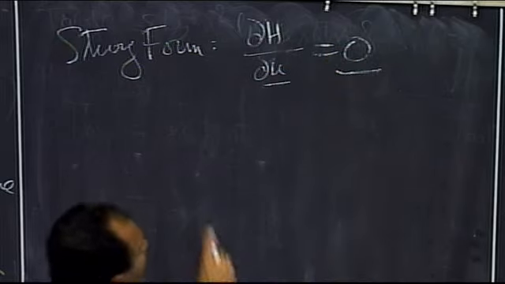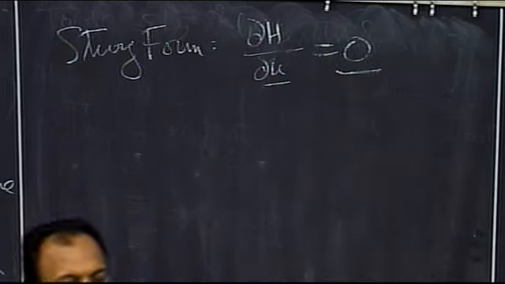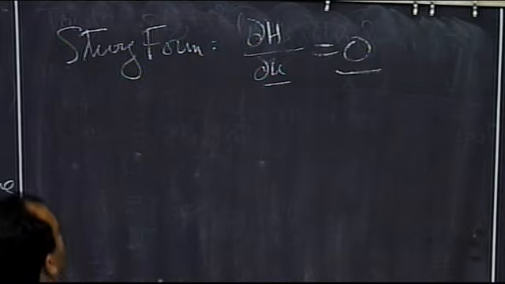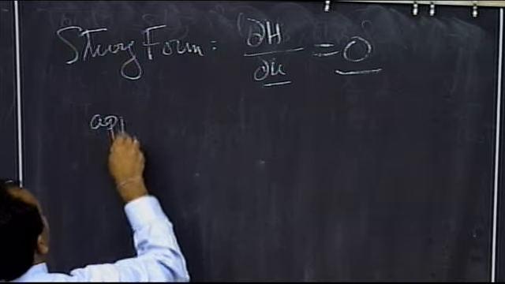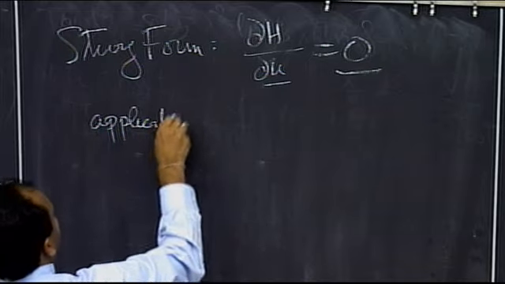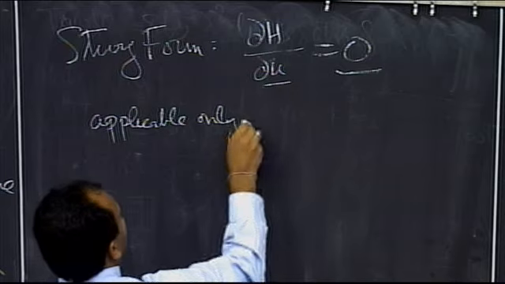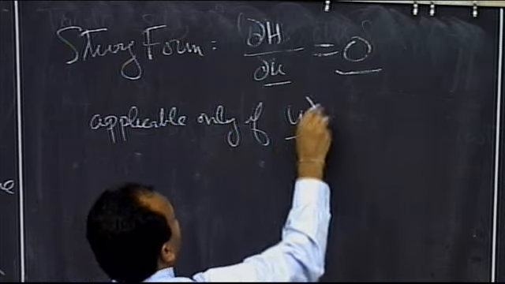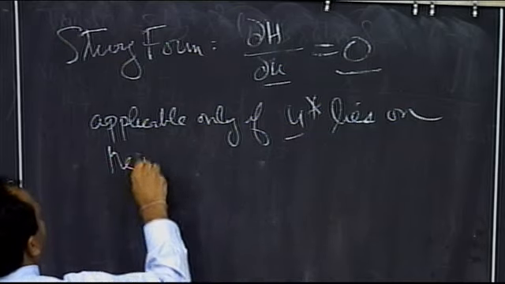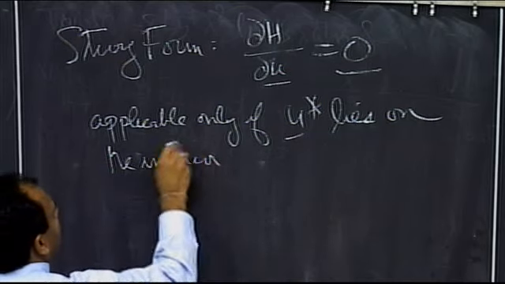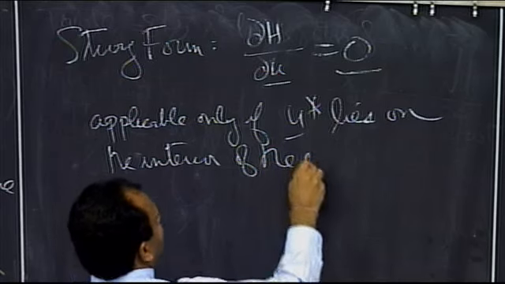And we can only apply this if the control lies interior to the control set, right? So this is applicable only if u star lies on the interior of the control set.